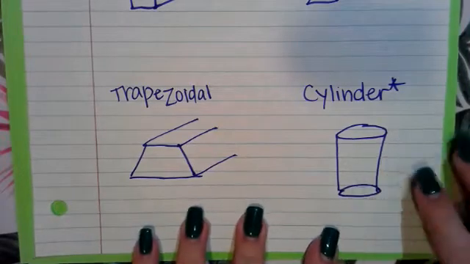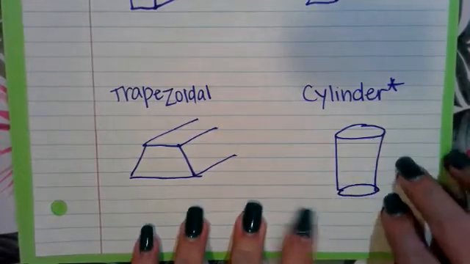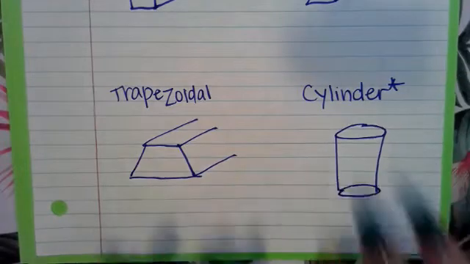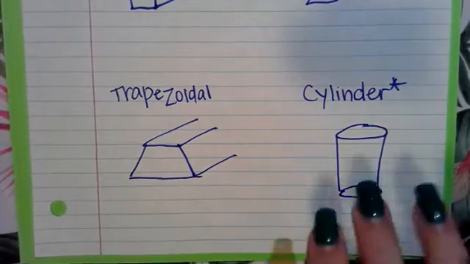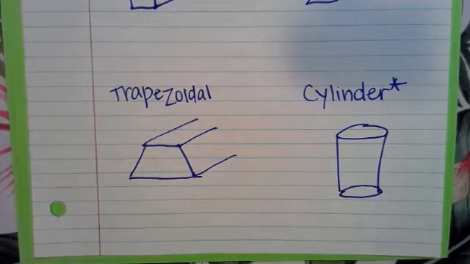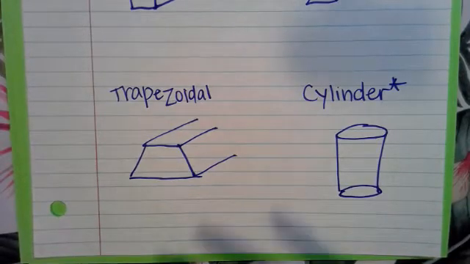And then this is technically its own thing, but I like to include it in the prism category because we find the volume of a cylinder in the same way that we find the volume of the other shapes, as you'll see in a moment.